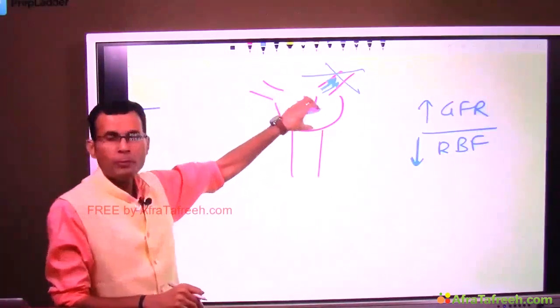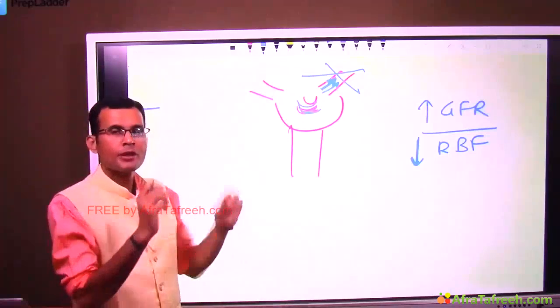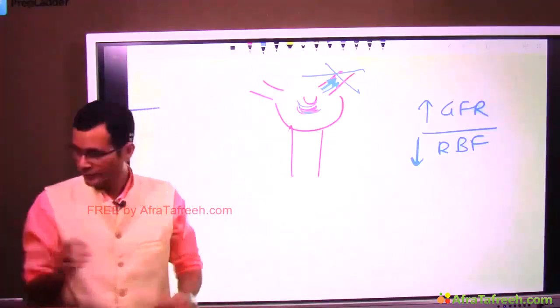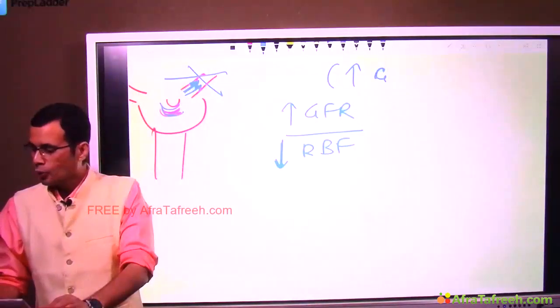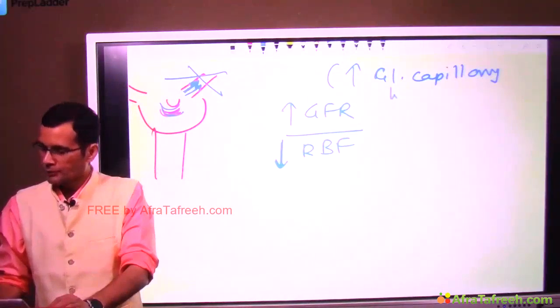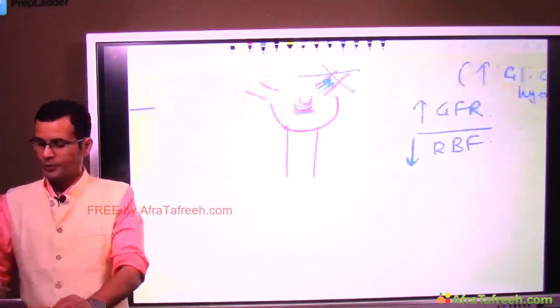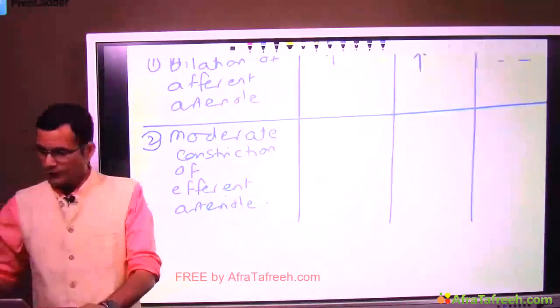So, if more blood is accumulating in the glomerular capillaries, capillary hydrostatic pressure in the glomerulus will increase, right? So, there will be increased glomerular capillary hydrostatic pressure. And here is a force that favors the filtration. So, GFR will increase.